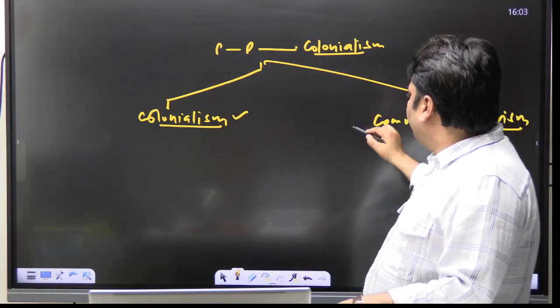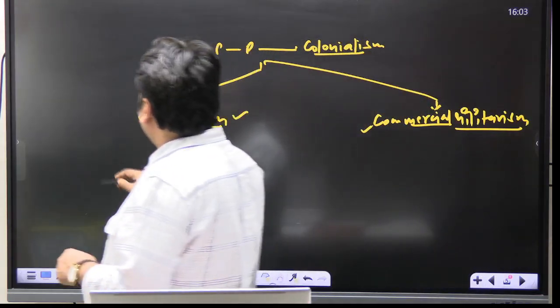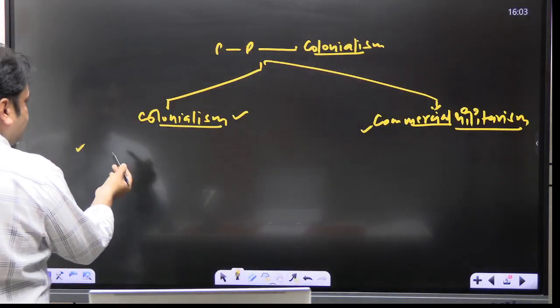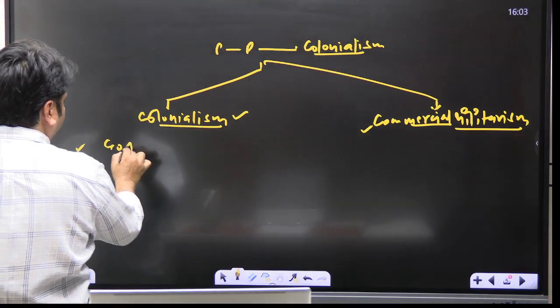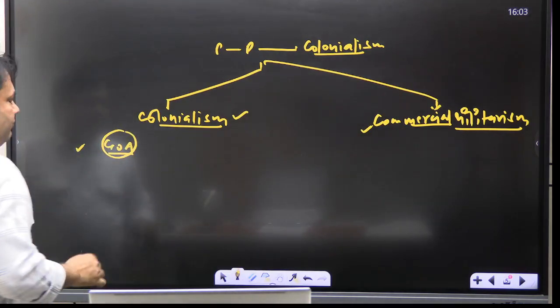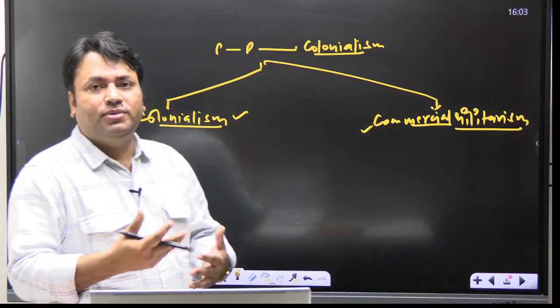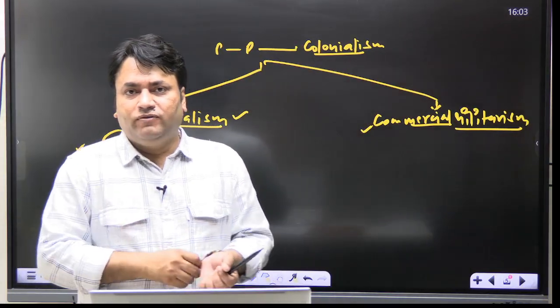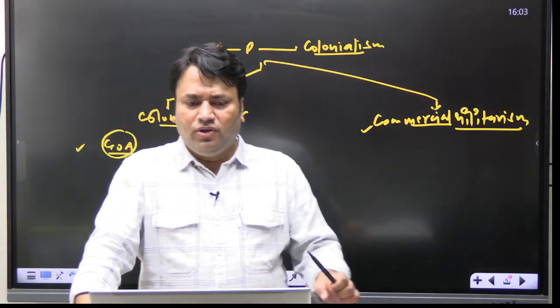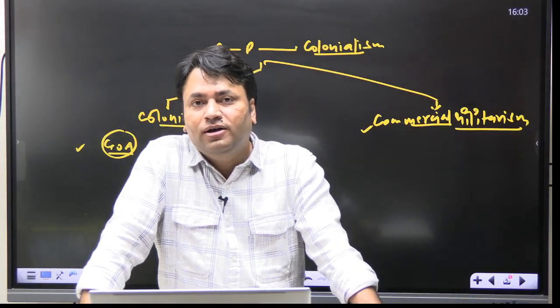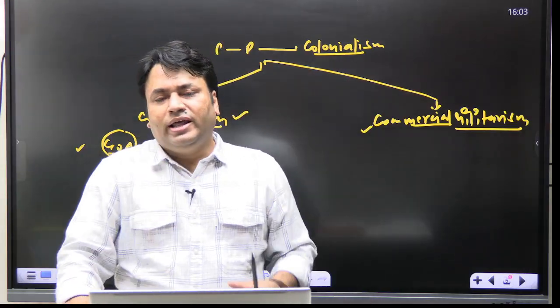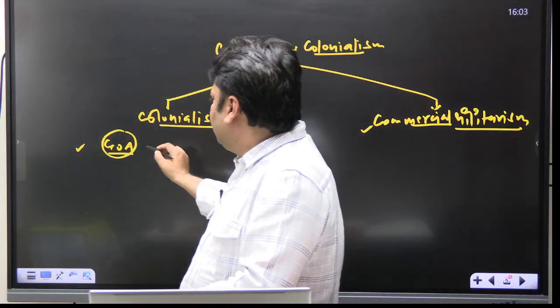So the argument in support of colonialism is that the Portuguese established control over Goa, and when I discuss later that Goa emerged as a center of their social and cultural policies also, you will relate it much better. So this is a kind of territorial annexation.